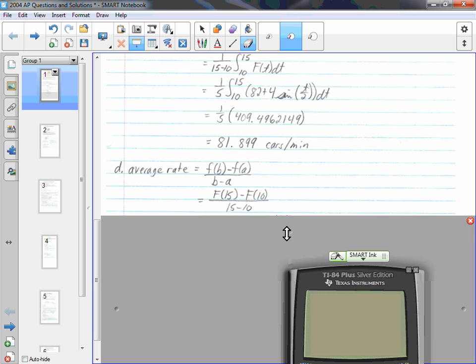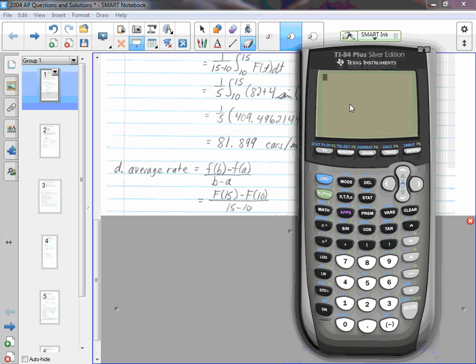Now, how can we find capital F of 15? We could trace, but I'm going to use the table. I'm going to go second table, delete all that stuff out. I want x to equal 15.